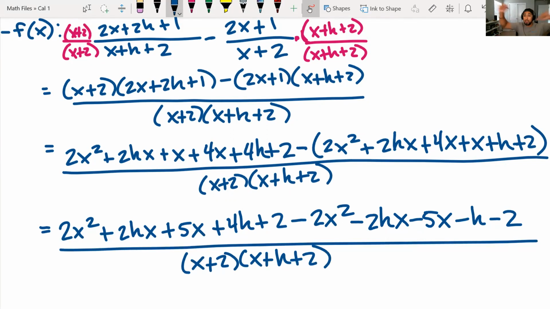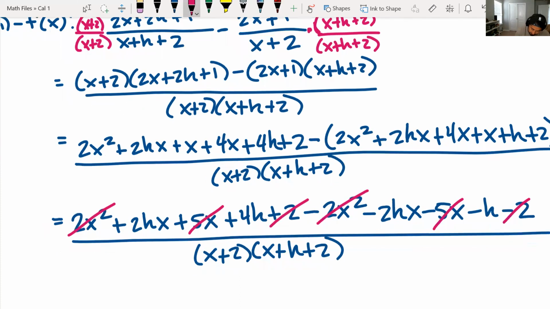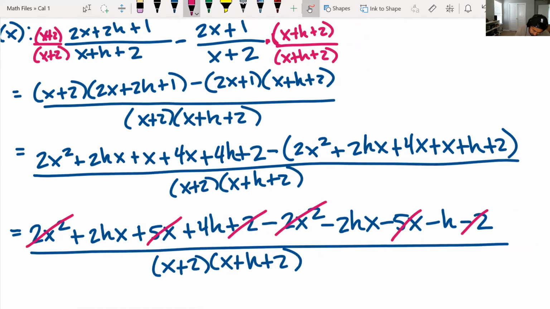All right, cancel time. The 2x squareds are gone, 5x's are gone, 2's are gone, and I think that's it, right? Yeah. Actually, no, one more, right? 2hx and negative 2hx. And all we have left is 4h minus h.